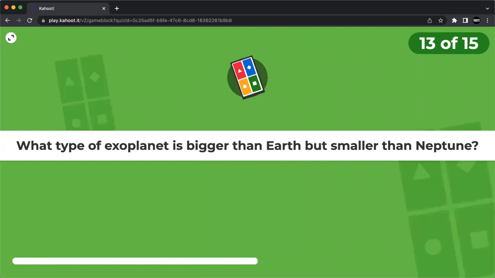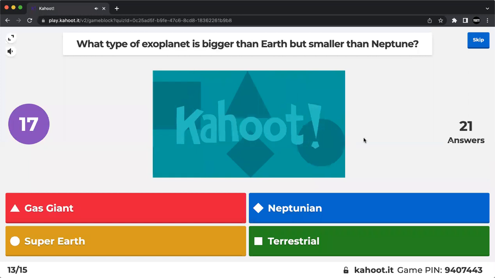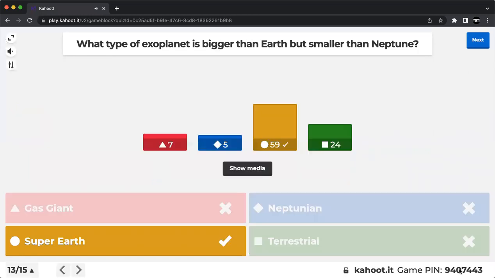What type of exoplanet is bigger than Earth but smaller than Neptune? Yep, a super Earth.